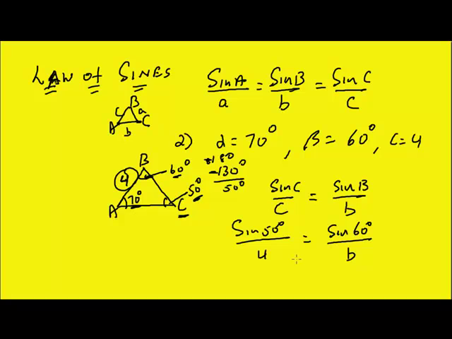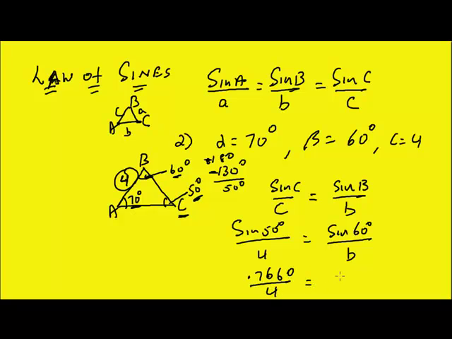Now we have to find out what sine of 50 degrees is and divide by 4. Make sure you calculate in degrees. Sine of 50 degrees turns out to be 0.7660, and we're going to divide that by 4.